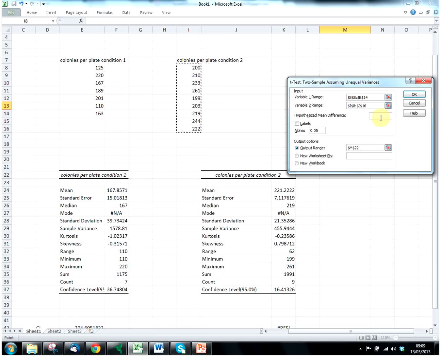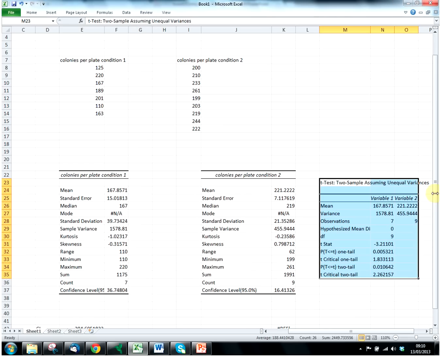That is our null hypothesis. And we use a critical significance level of 0.05. This is quite common. This is a 95% significance level. So we don't need to change this. And we want our data to be shown, say, here. So all we need to do is click OK.